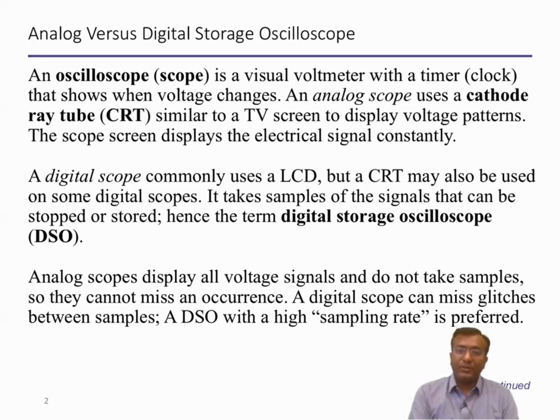Analog scopes display all voltage signals and do not take samples, so they cannot miss an occurrence. A digital scope can miss glitches between the samples, and a DSO with a high sampling rate is always preferred.